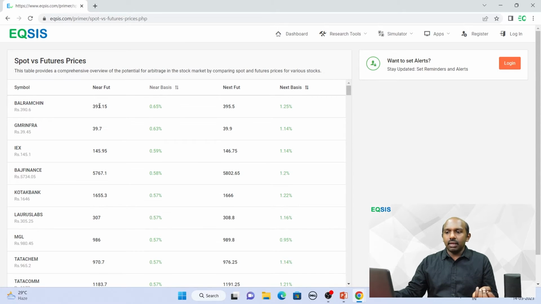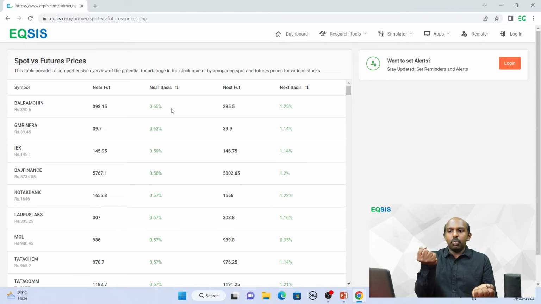Now I see Balrampur Chini, where the spot price is 390.60 and the future price is 393.15. So it is close to 0.65% higher. Comparing over 150, 200 active contracts, only one contract, the rank one contract, shows a significant difference.